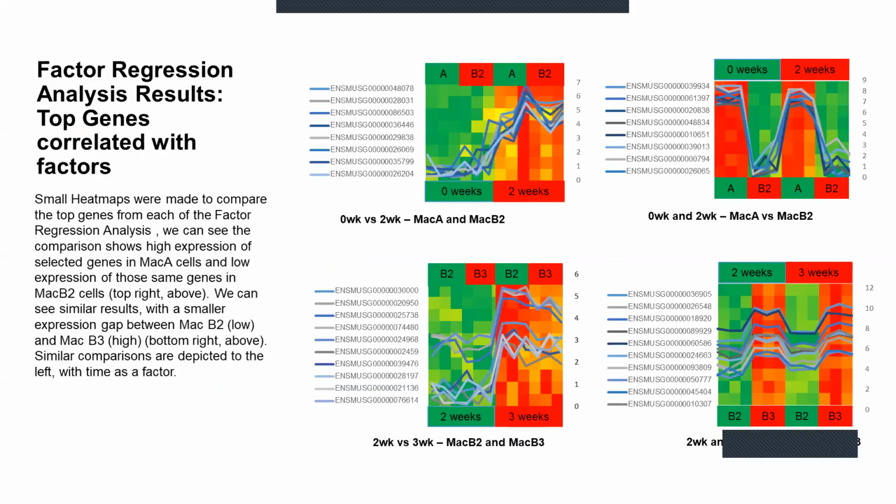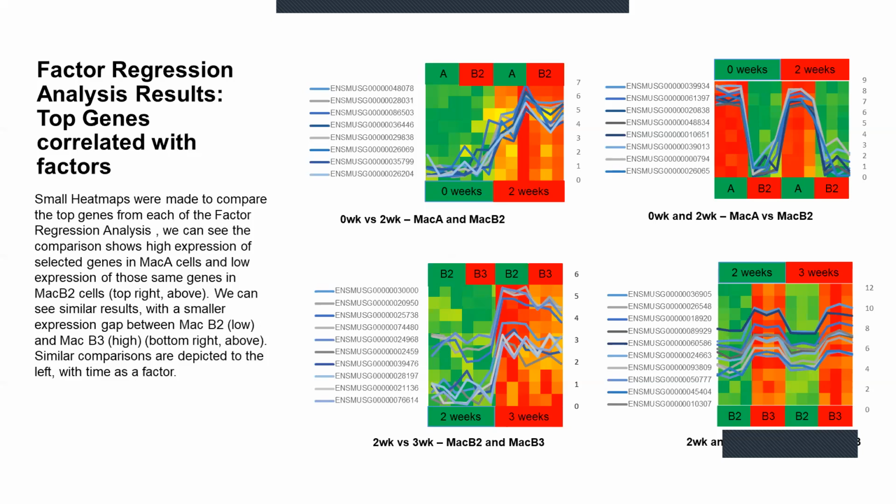As we said, when finishing the NGS pipeline, when finishing the data science part, the summarization part, we will come to a part where we want to identify certain factors that are influencing the gene expression of certain genes. So, in this case, one of our factors is weeks or time.